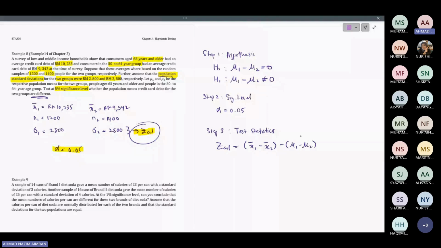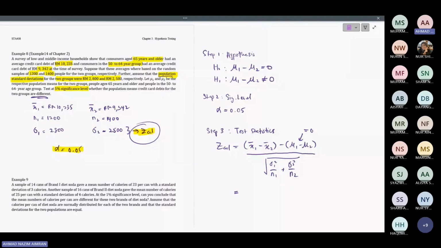Again, this is always equal to 0, so for me it is optional whether you want to include it or exclude it from the formula. And the denominator is the square root of variance of the first group over n1 plus variance of the second group over n2.